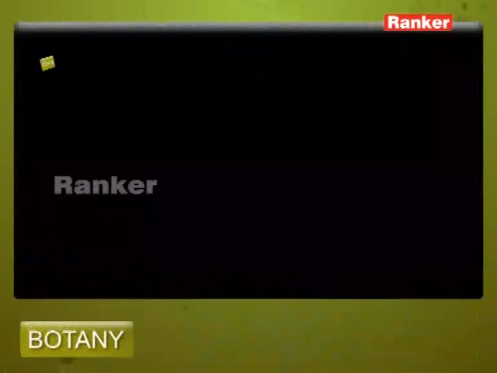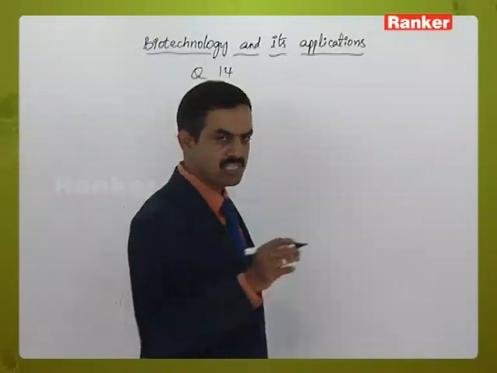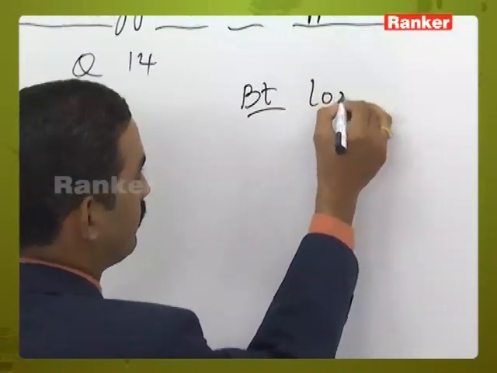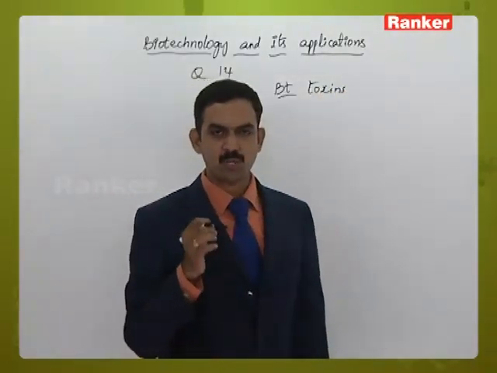Question number 14, under what conditions do the inactive protoxins of the bacterium turn into an active form of toxin? Options: 1, acidic pH of the gut, 2, alkaline pH of the gut, 3, neutral pH of the gut, and 4, concentration of enzymes in the gut. So this question is related to the BT toxins which are produced by Bacillus thuringiensis.